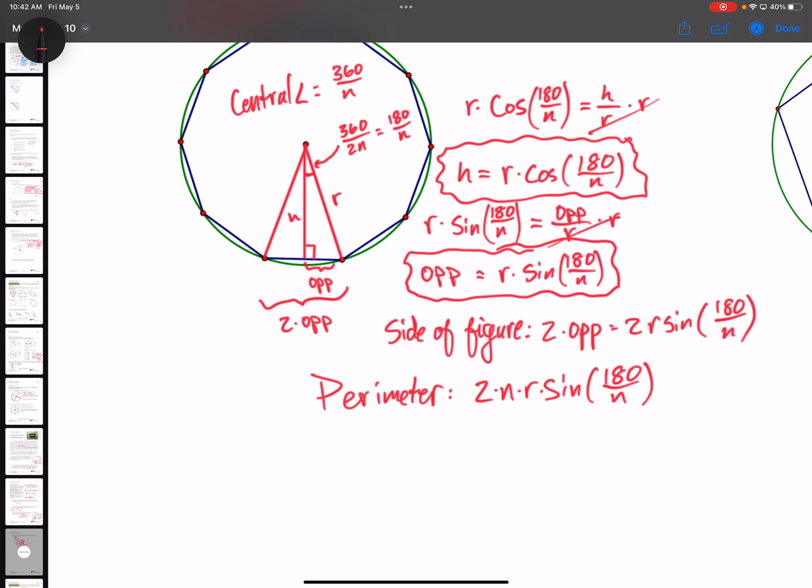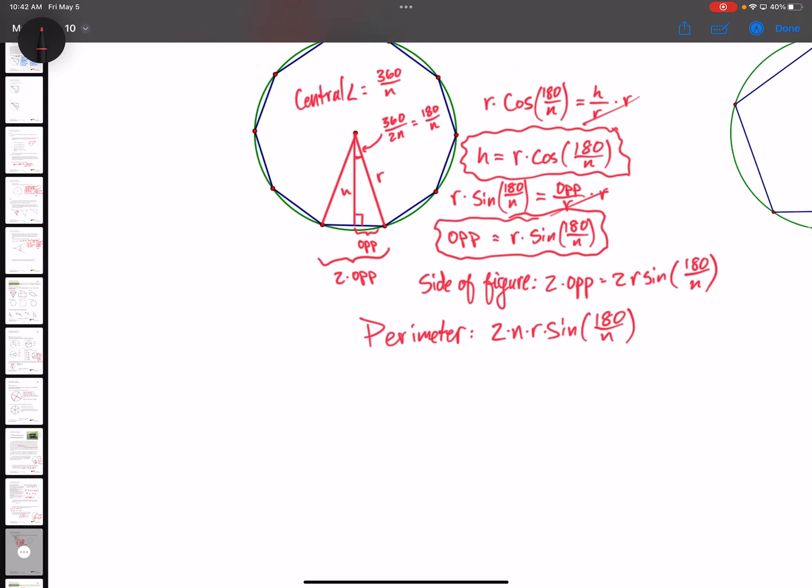Area of triangle. So now we've got to find the area. To find the area of this whole figure, we've got to find the area of the triangle. What's the formula for the area of a triangle? 1/2 base times height. So what is the base of this figure?